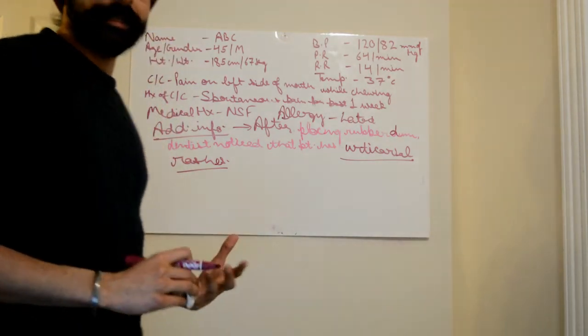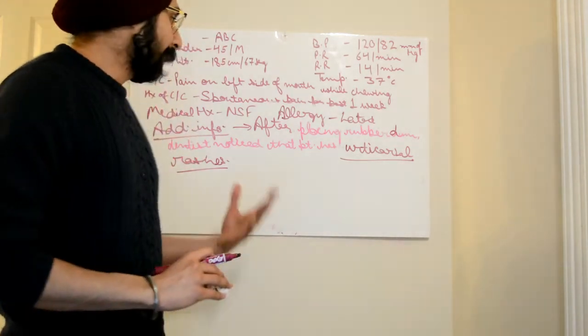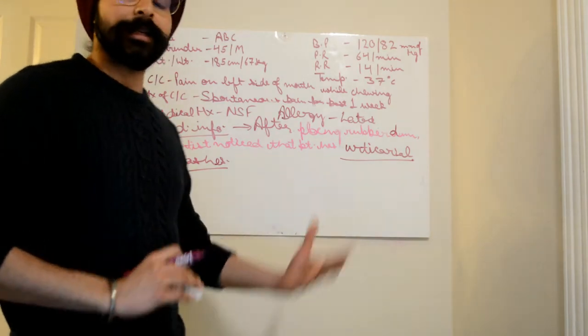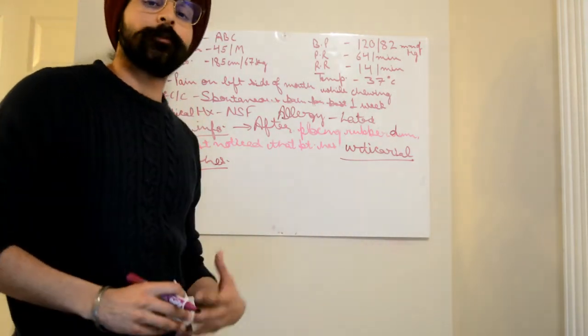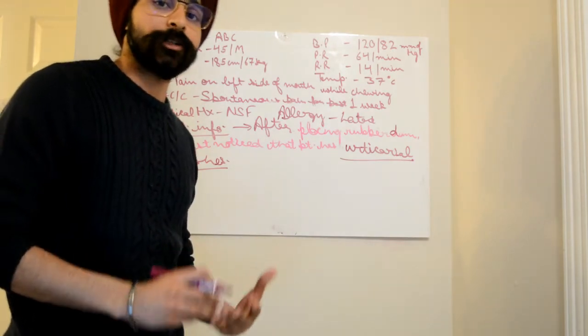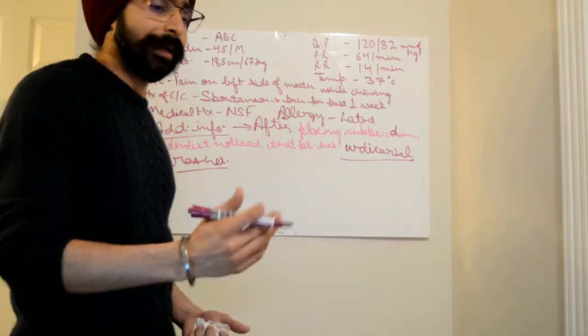Only skin lesions, that is urticarial rashes or hives, are there. In this case, we will consider it to be a mild allergic reaction because of the absence of bronchospasm or laryngeal edema or hypotension. This is a case of mild allergic reaction.